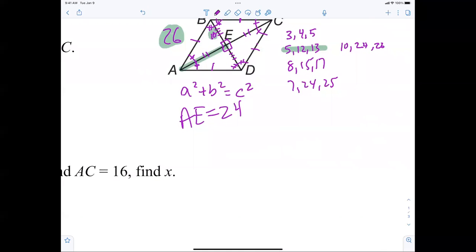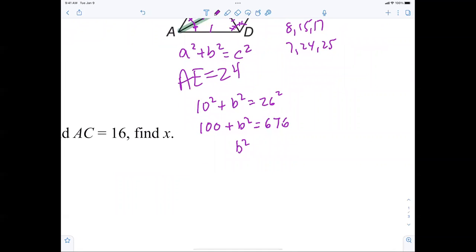We can say A squared plus B squared equals 26 squared. So 10 squared plus B squared equals 26 squared, which is what, 676, someone tell me.